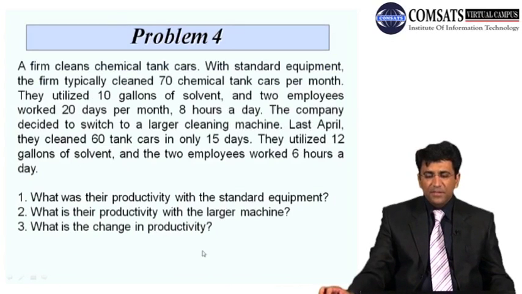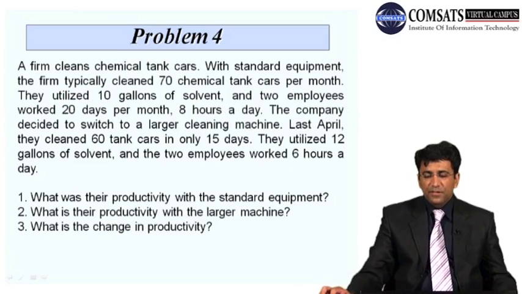Now again students, what happens after the usage of that larger cleaning machine? They utilized 12 gallons of solvent and the 2 employees worked 6 hours a day. Now this is very important. Now they are going to achieve the 60 tank cars service within only 15 days. So this information will give you the new labor hours. How will we calculate the new labor hours?